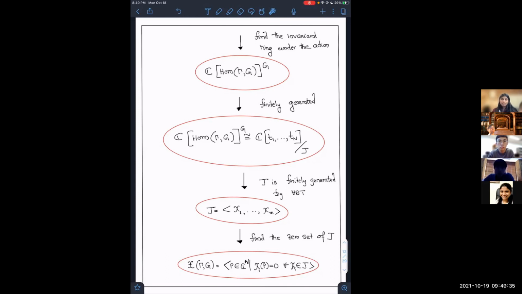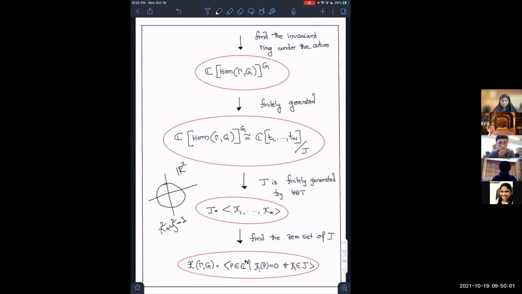For example, when I mentioned the circle, when we draw the circle we look at it in R squared, right? This is the equation x squared plus y squared minus 1 equals 0, the zero set of this polynomial.